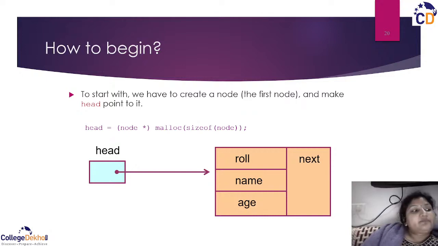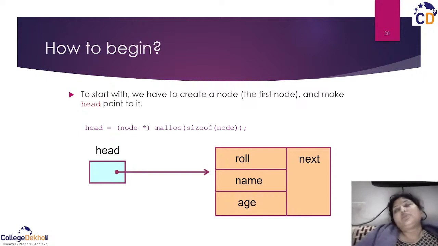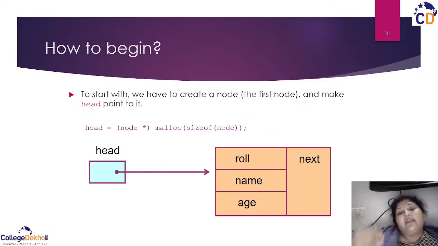And I want to say one thing also. I told you at the starting of this session there are different advantages of linked list. What are the advantages? Directly you can insert any element. I have shown you direct operations like insertion, deletion, or traversing.